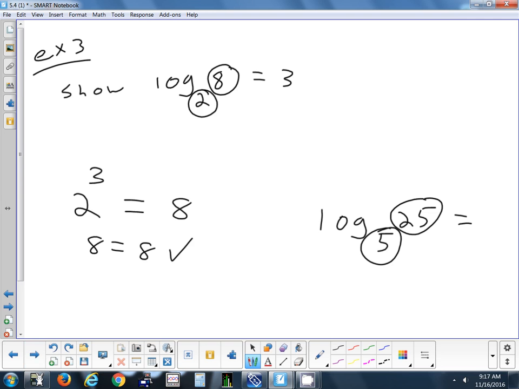So what would be the answer to this problem? 5 to the x equals 25. So this is just asking you 5 to what power is 25? In this case it would be 2. As long as 25 is a power of the base, you're okay. If it's not, we got to learn a way to do it on the calculator.